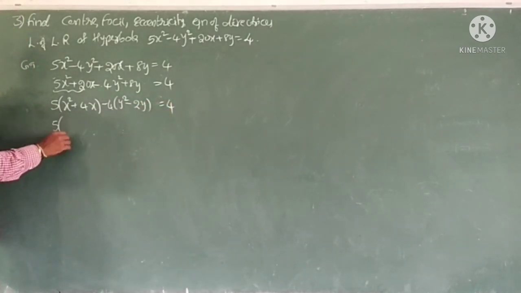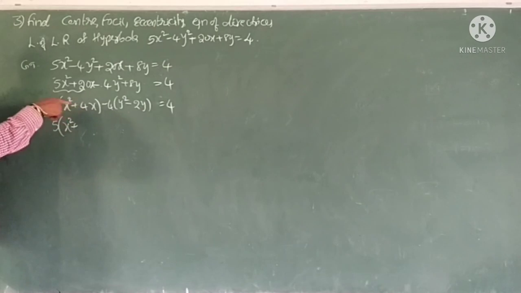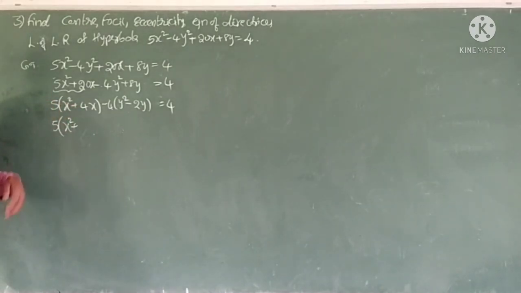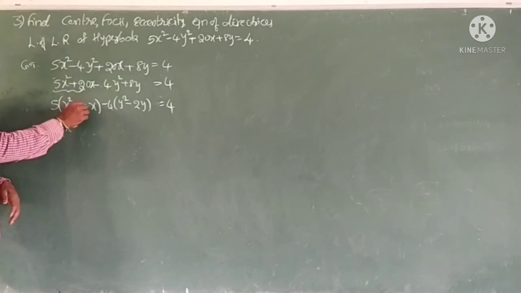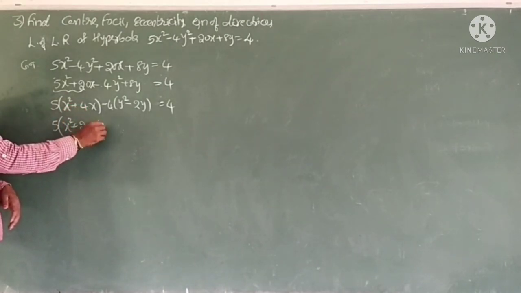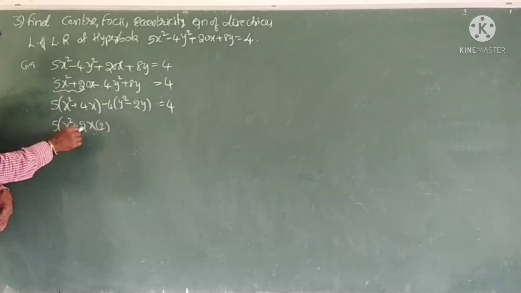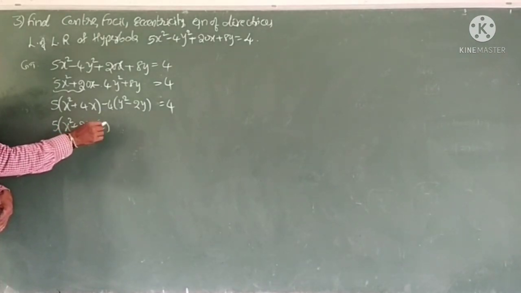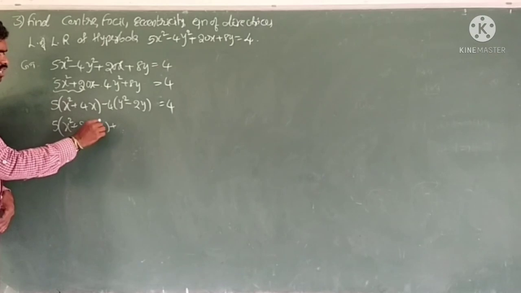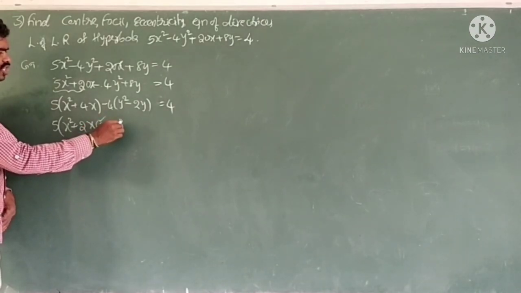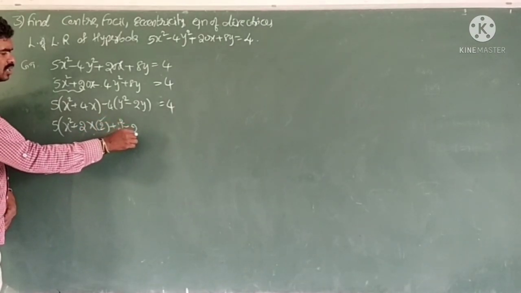Next, x square plus 4x must be converted into a square plus 2ab plus b square. So 4 can be written as 2 into 2, and x means x. Obviously a square plus 2ab plus b square is required, that means 2 square is required. So that's why we add and subtract 2 square.